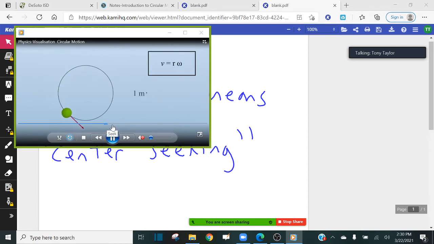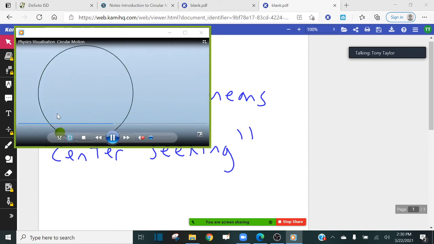So let's start with the arrow, the vector that describes its tangential velocity. The reason we call it a tangential velocity is because it shows us two things. It shows us how fast the object is moving at that point, and where the object is traveling at that point.